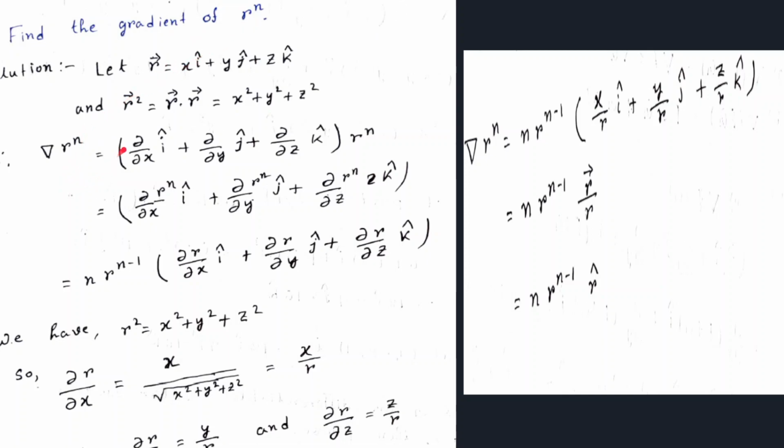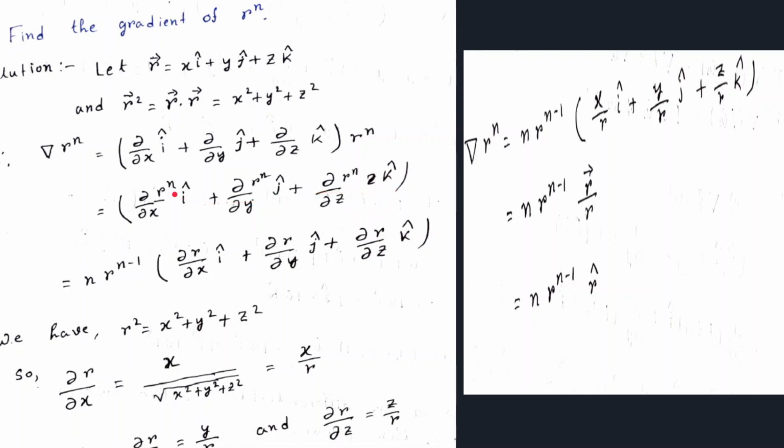The gradient of this term is equal to the nabla operator, del x i cap plus del y j cap plus del z k cap, acting on r to the power n. Now taking r to the power n into it, we get del r to the power n by del x i cap, del r to the power n by del y j cap, del r to the power n by del z k cap.